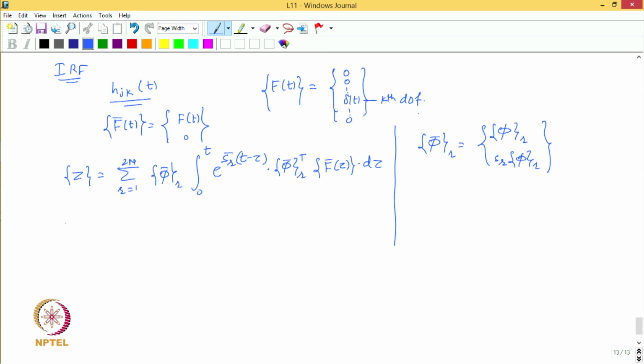Right. So, if we substitute this, we get r is equal to 1 to 2n.